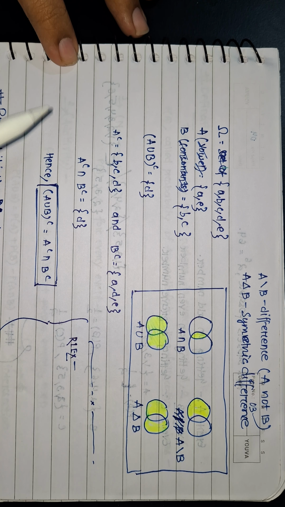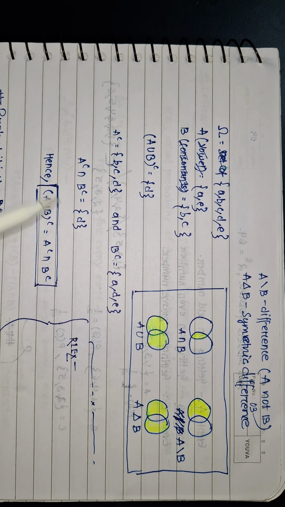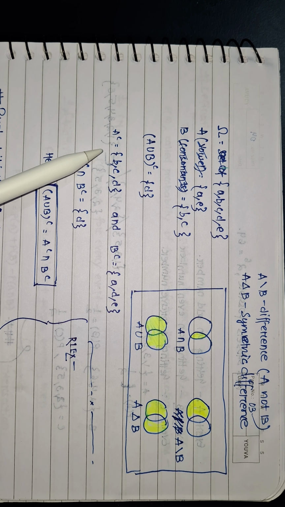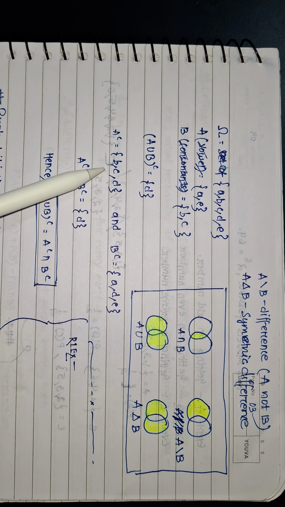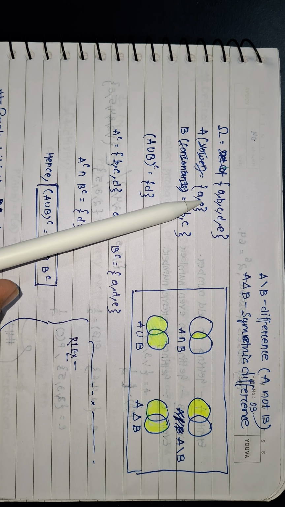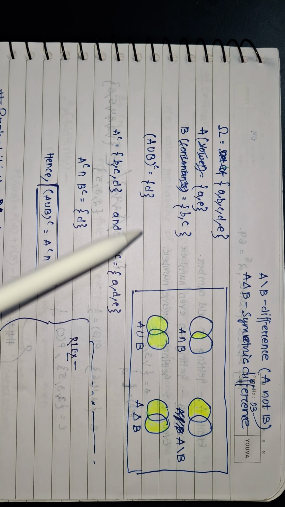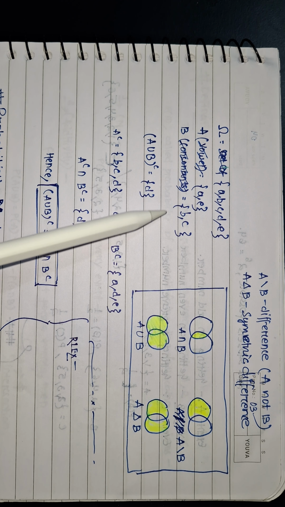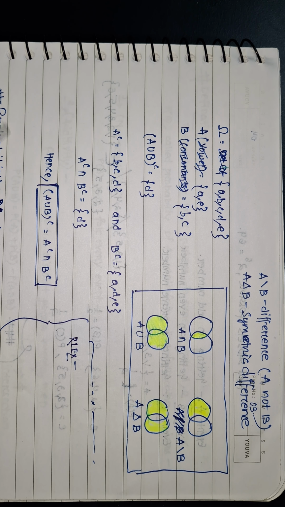So we are just simply proving one axiom of De Morgan's law. The individual complement of A set will be B, C and D, and B complement will be simply A, D and E, as B and C are in the B set.